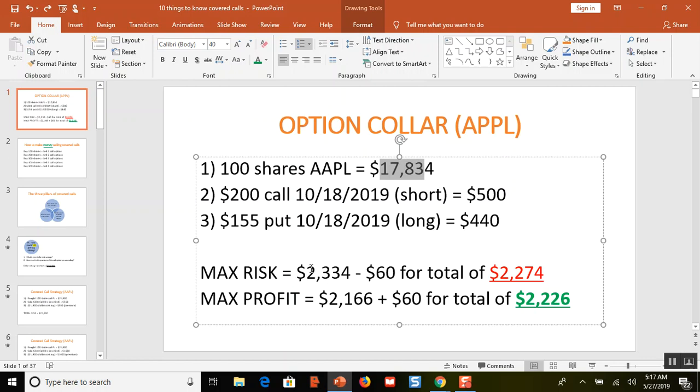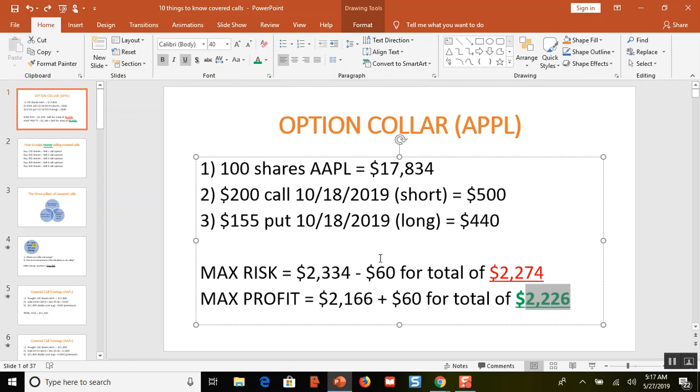So you're gunning for a 14% return in the next 144 days, and you're willing to risk this much money to do it. So worst case scenario is you could lose this money if Apple goes below $155 a share. But you could also make this money if Apple goes up to $200 a share.